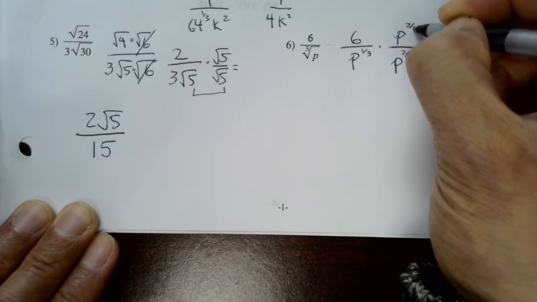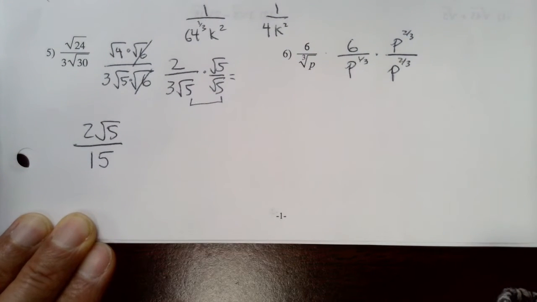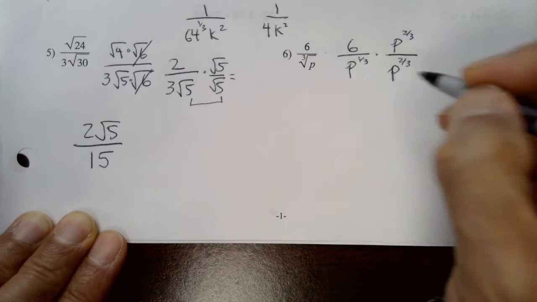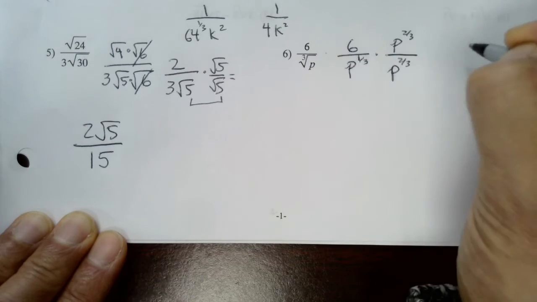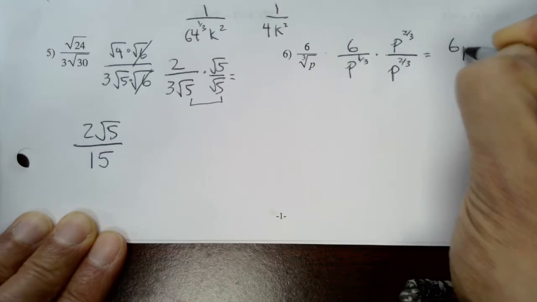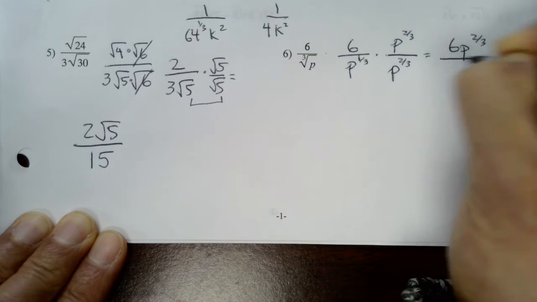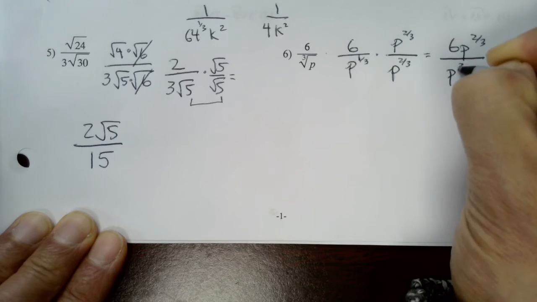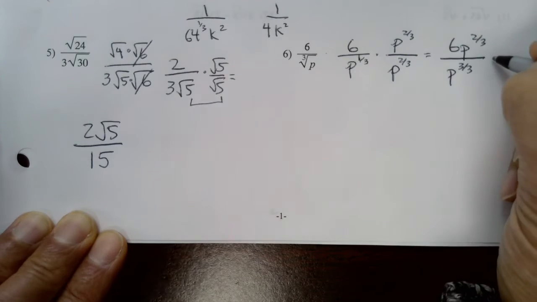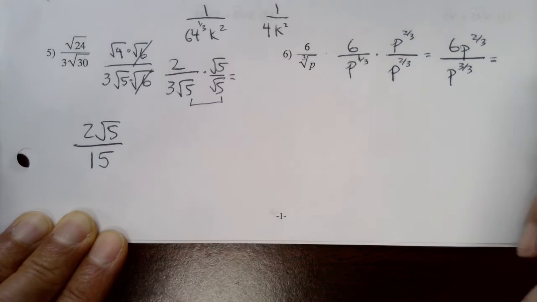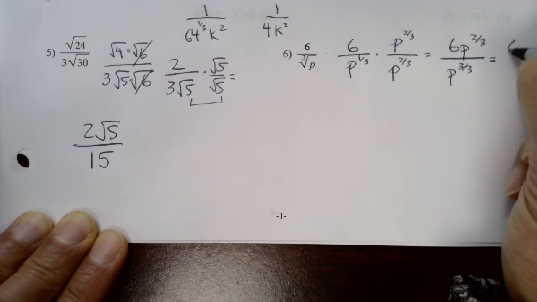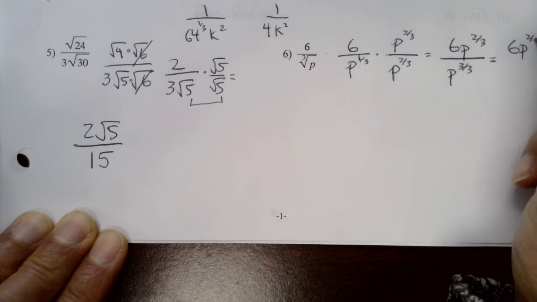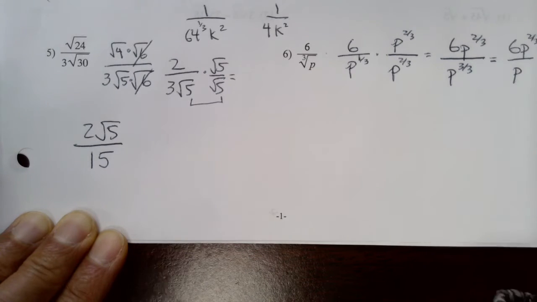And I'll multiply this by p to the 2/3 over p to the 2/3, since that's 1. And I'll get 6p to the 2/3 over p to the 3/3, which is p. And this is going to be 6. I can simply rewrite the bottom as p.